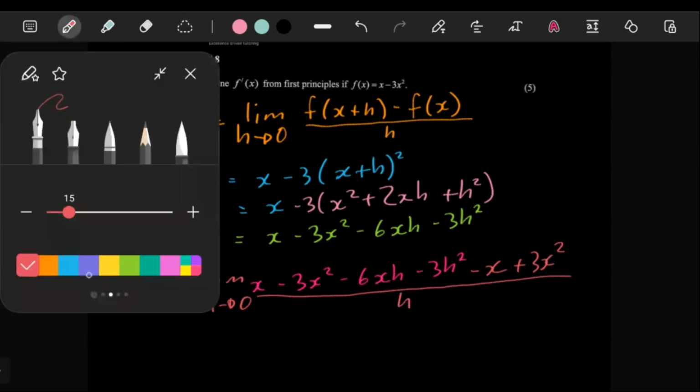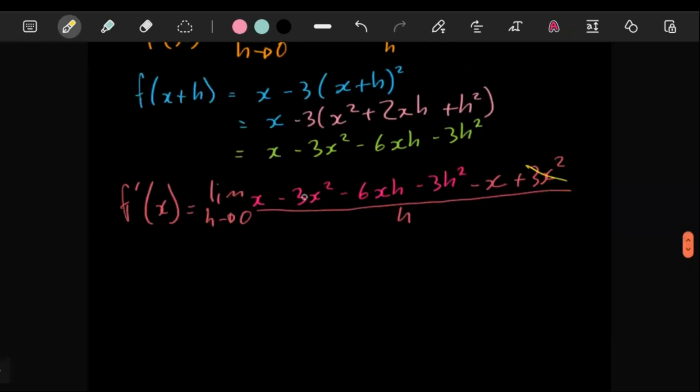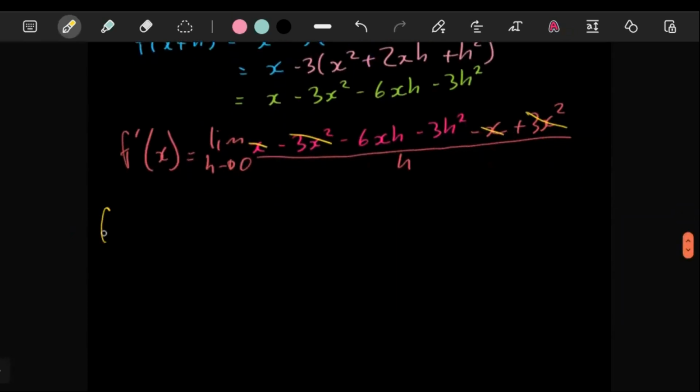Now, what we already know is that these things should be starting to cancel out. You see, this cancels, this cancels that. If you don't find yourself canceling, it means that you made a mistake somewhere. So you always want to be conscious of that, always and forever.